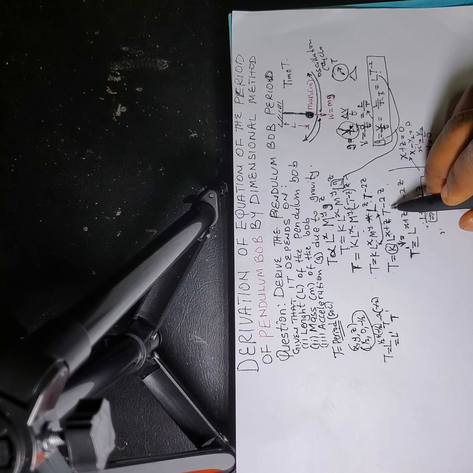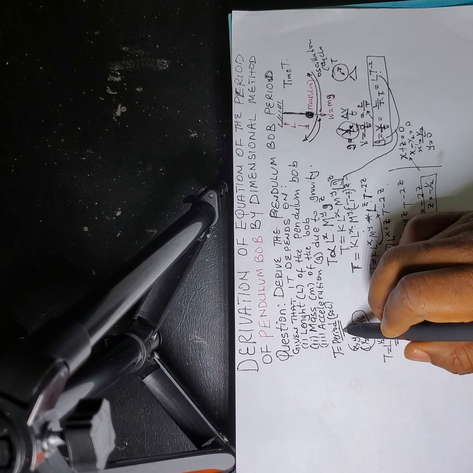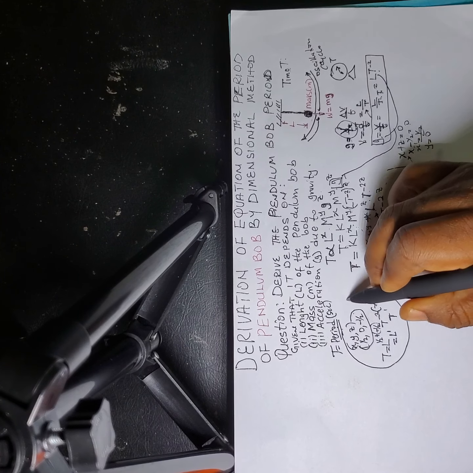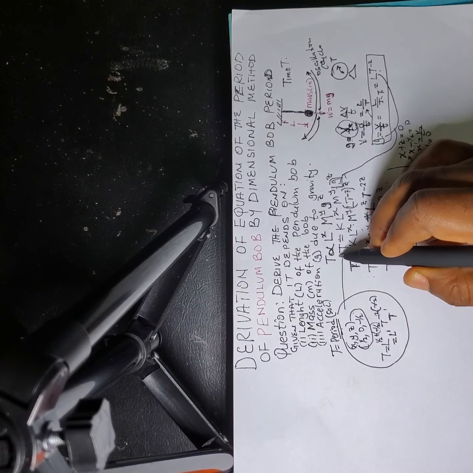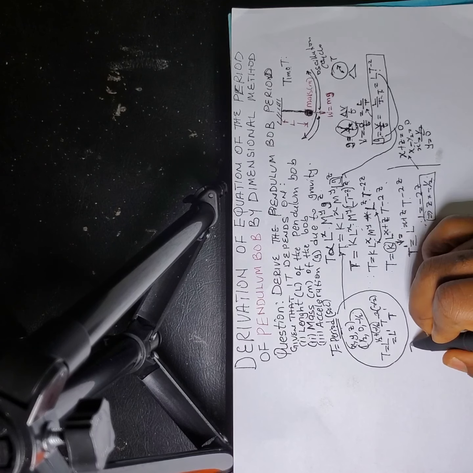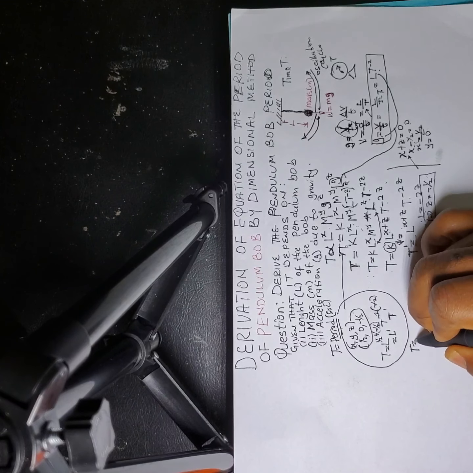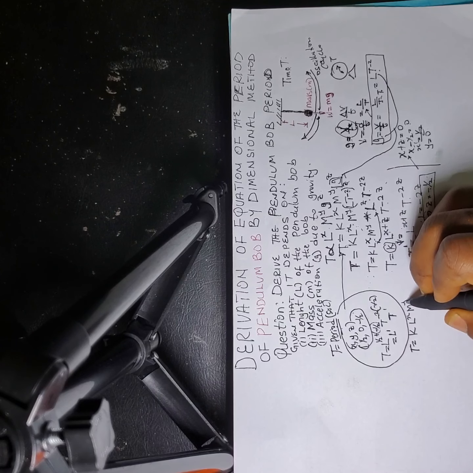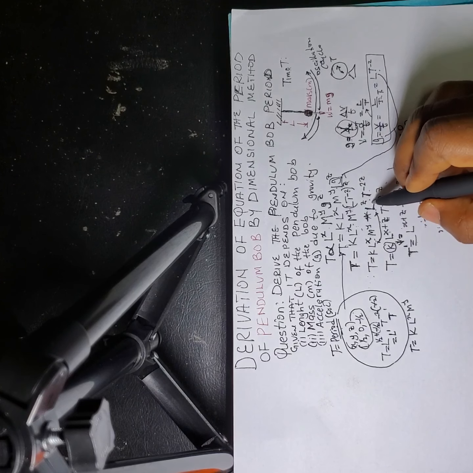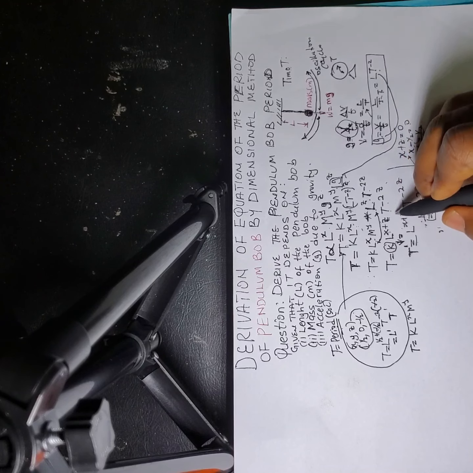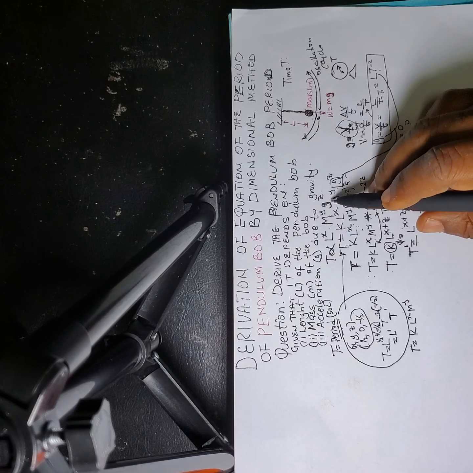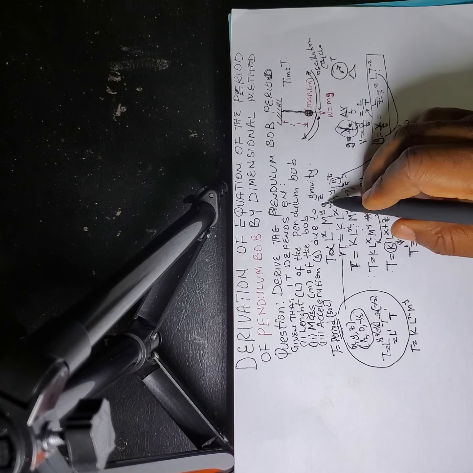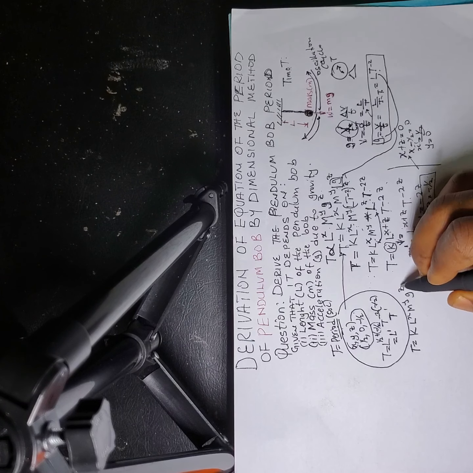Then for the acceleration due to gravity, that is my g. So I can write my T is equal to k L raised to power x, m raised to power y, then g raised to power z.